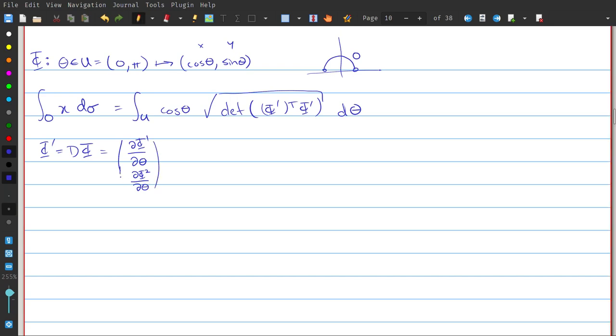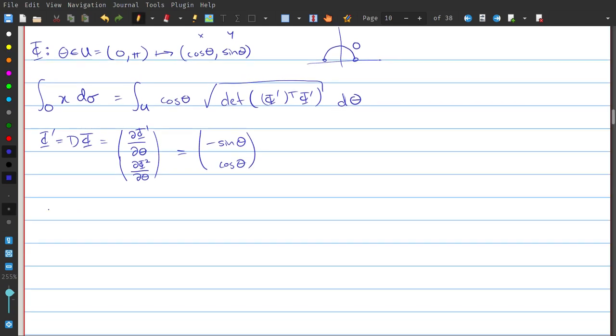Now, it's quite important that you get the shape of this matrix correct, so make sure you have in your mind either the rule I told you before or your own rule for remembering what shape the derivative should have. In this case, the derivative is the derivative of cos, which is minus sine theta, and the derivative of sine, which is cos theta. So that's what the derivative of phi is.